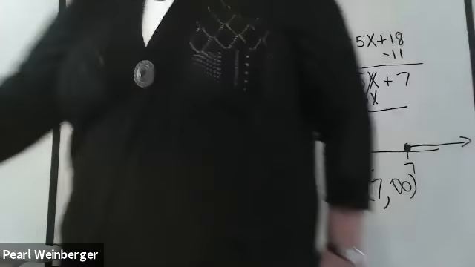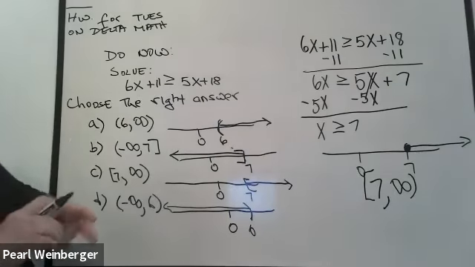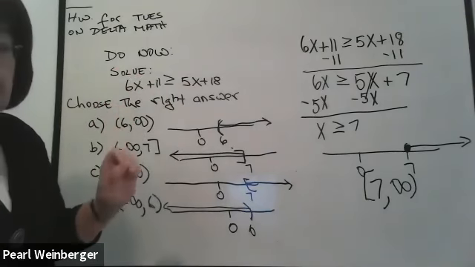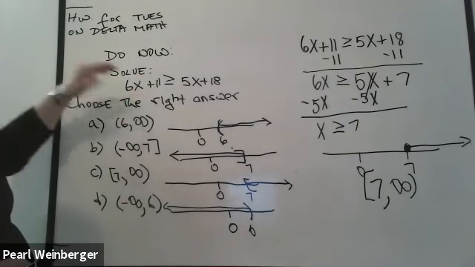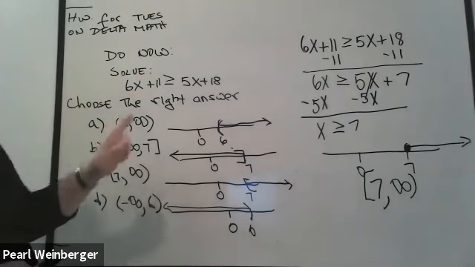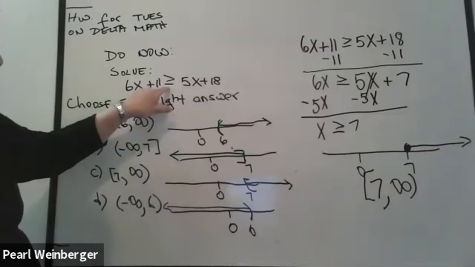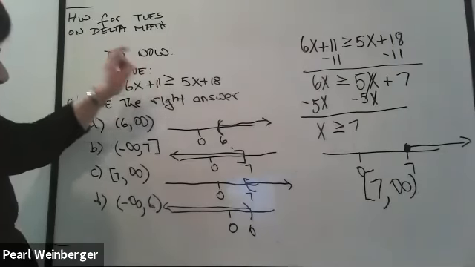Just a little bit of a way of practicing what to do with multiple choice problems. I looked at this. It said greater than or equal to, which means I know that with that, I'm going to have a bracket.